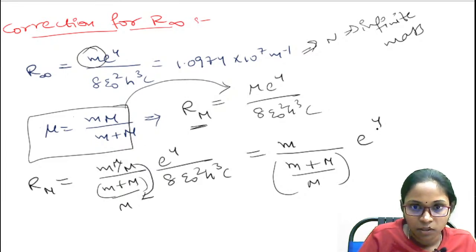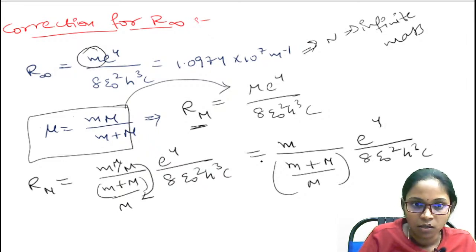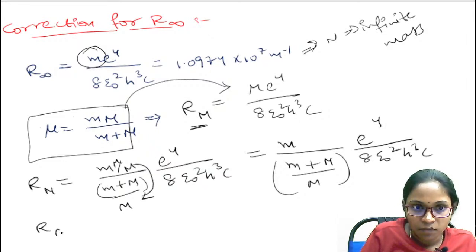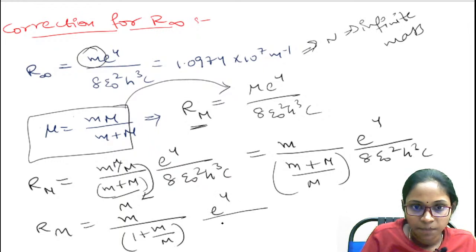Therefore e power 4 by 8 epsilon naught square h cube c. This R_M value can be written as small m by 1 plus small m by capital M, the M's get cancelled, times e power 4 by 8 epsilon naught square h cube c.